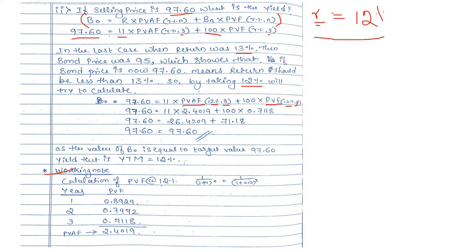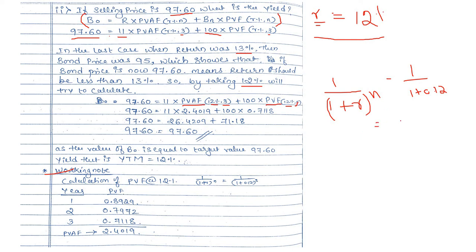Calculation of PVF at 12%. In the last problem we calculated for 13%, correct? Now we will calculate for 12%. What is the formula to calculate the PVF? 1 divided by (1 plus R) raised to N, correct? 12% means 0.12.